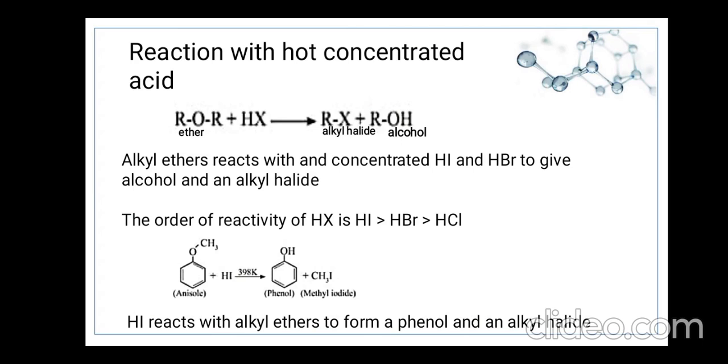Now students, anisole with HI at 398 Kelvin gives phenol and methyl iodide. Hydrogen iodide reacts with alkyl aryl ether to form a phenol and an alkyl halide.